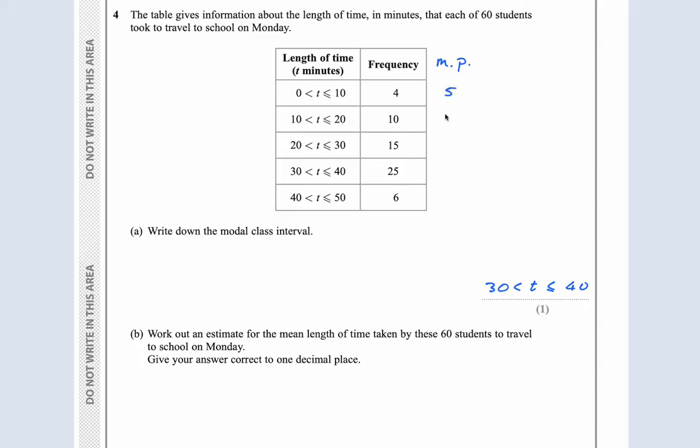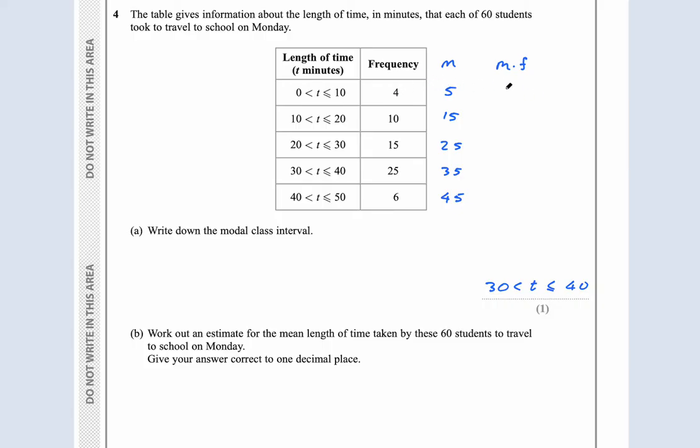Midpoint of 10 and 20 is 15, 25, 35, 45. Then I do this times this. So actually, guys, I might even just call it m for midpoint, because now I can call this m times f. So this is this times this.